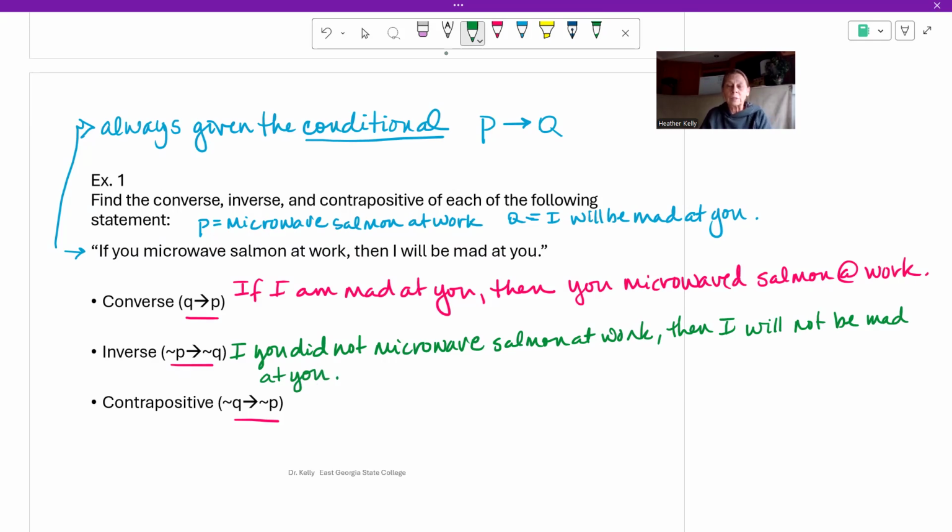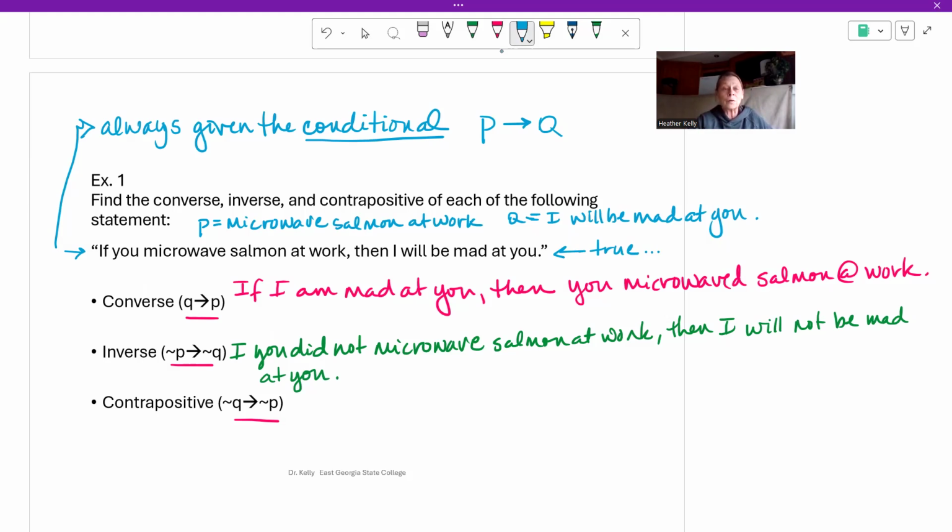Now let's stop for a second and let's just look at these as far as the equality, so you can see how they're not logical statements. So if you microwave salmon at work, then I will be mad at you. We got to stick with this. We say this is true, no matter if you like the smell of microwaved fish to linger in your space for hours or not.